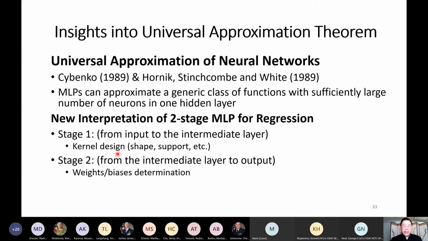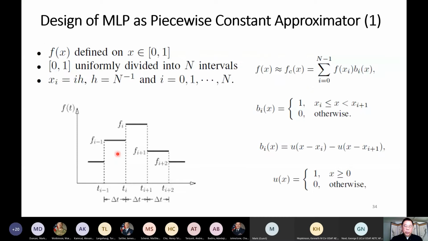If we can make the bridge between the MLP and the low order piecewise polynomial, and we know the low order piecewise polynomial is an approximator that can approximate any square integrable function, and you also know the convergence rate, how fast, that means the MLP can do the same thing. So we design a special MLP which behaves like a low order piecewise polynomial.